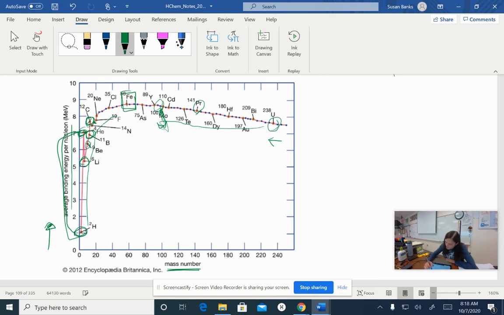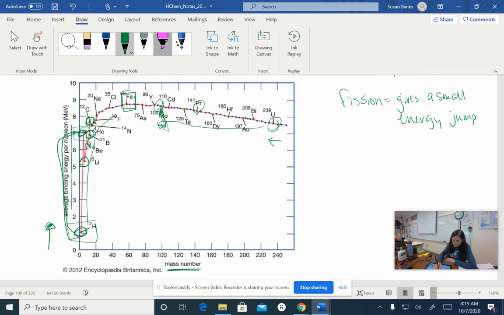So notice that fission gives a small energy jump, and fusion, we usually talk about fusion, we talk about hydrogen being fused together to make helium.